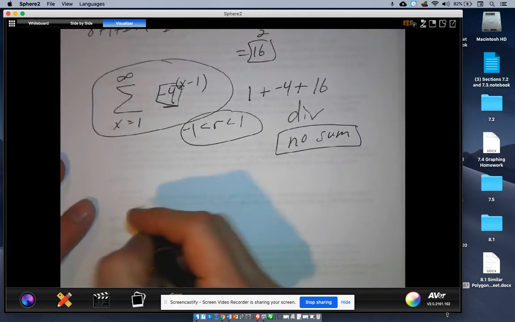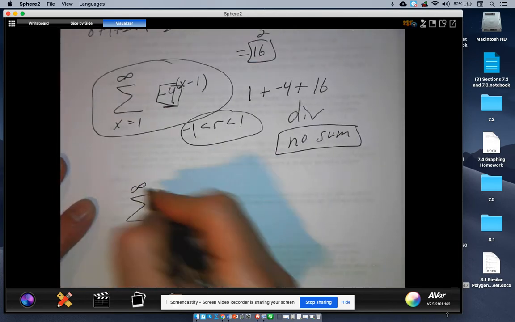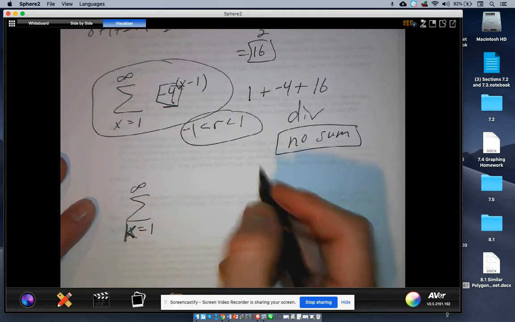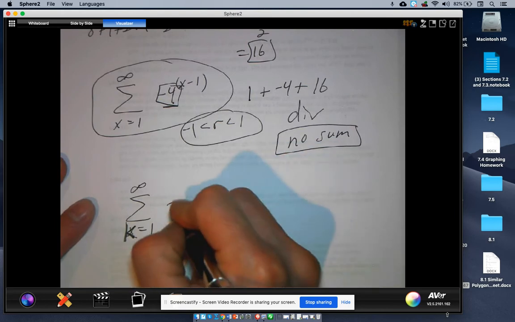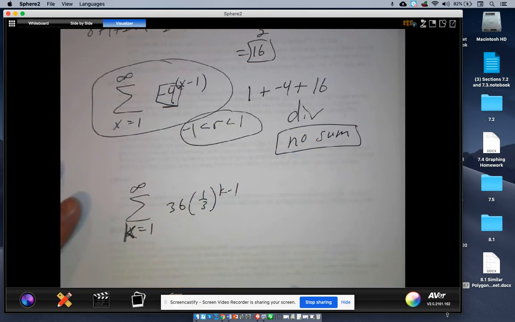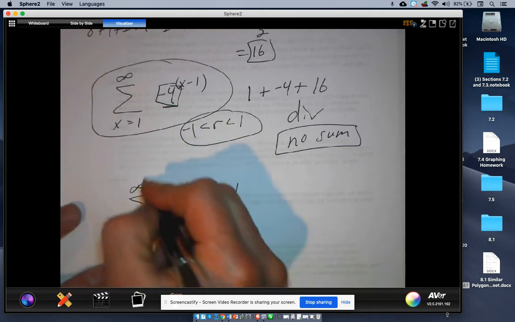However, if you see something that looks like this, actually let's use the letter K, because on the worksheet I used the letter K a couple times, and it looks like this. 36 times 1/3 to the k minus 1. So this one says to add up all the terms, right?